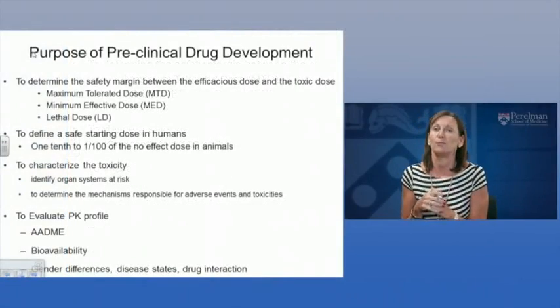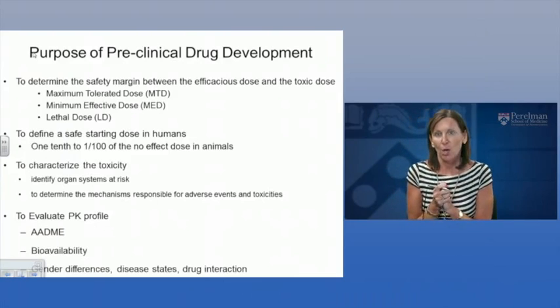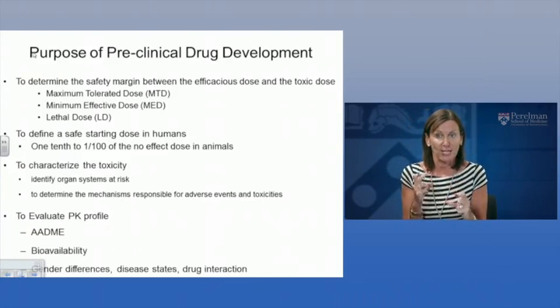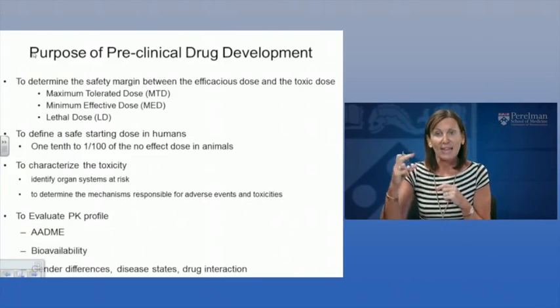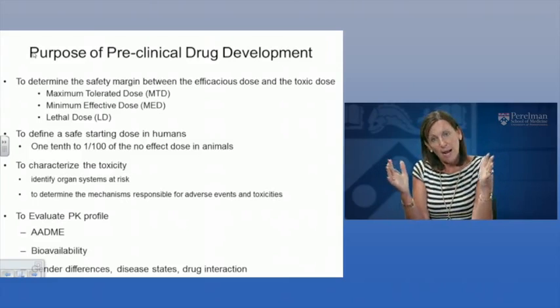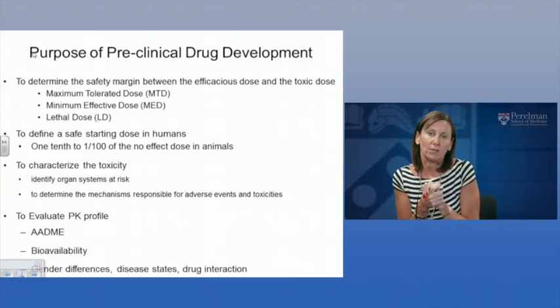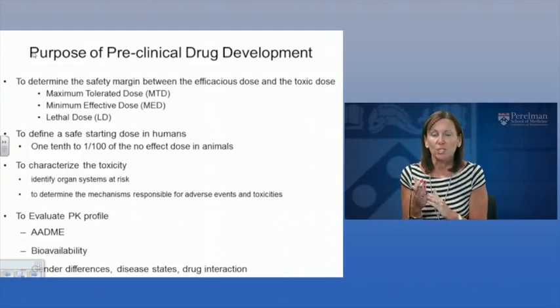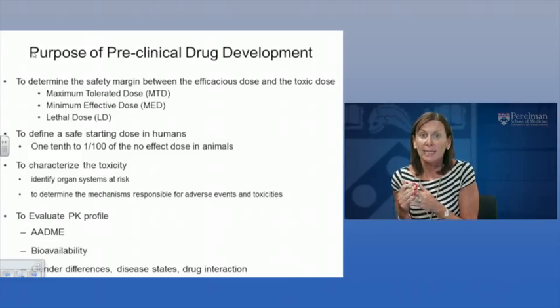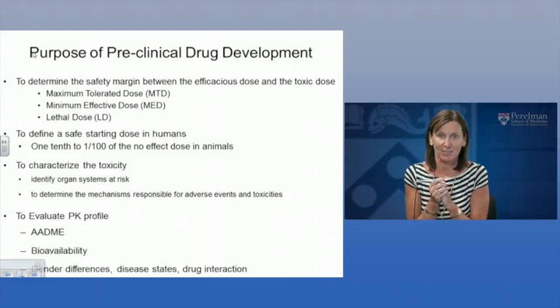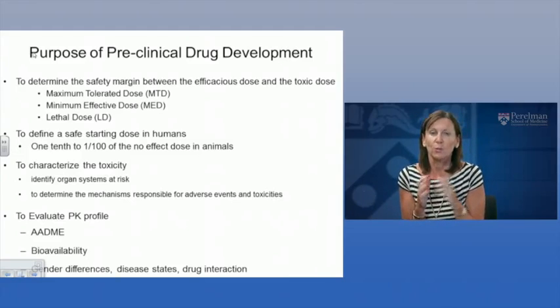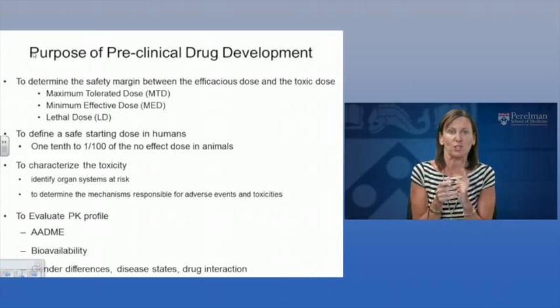So let's return for a moment to our previous class. We talked about the therapeutic index, that margin between the EC50 and the LD50. Here we're actually even narrowing it down a little bit further. We want to know what is the maximum tolerated dose, i.e. the dose before which toxicity is seen. Then we also want to know what's the minimum effective dose.